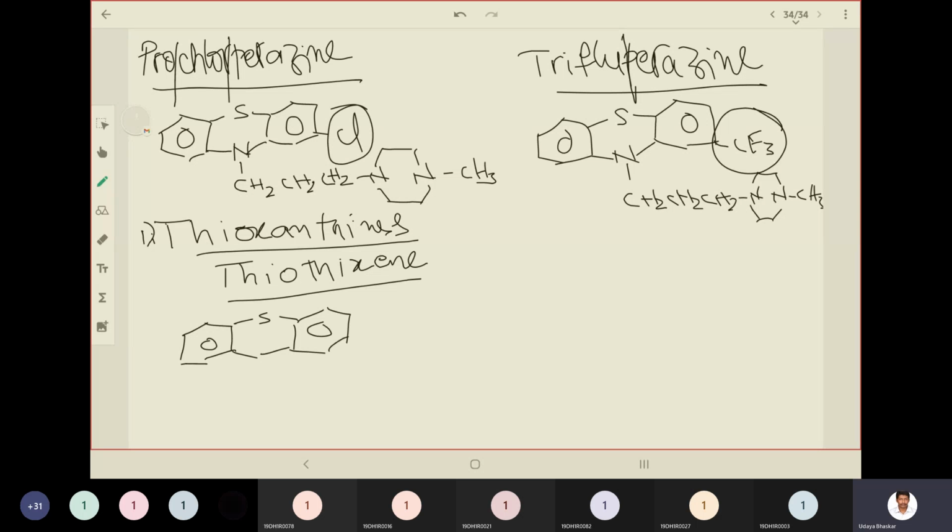So, if you observe, nitrogen is replaced with carbon in phenothiazine.